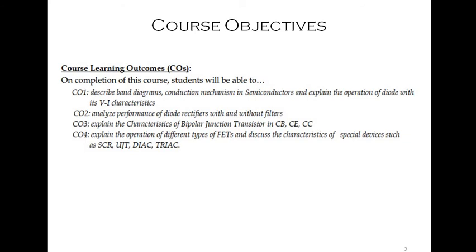Biasing means, in order to produce amplified faithful reproduction of the input signal, we are supposed to apply a certain amount of voltage and certain parameters, that is nothing but biasing. Coming to the fourth unit, it is all about FETs and special devices like SCR, TRIAC, DIAC kind of thing, right?